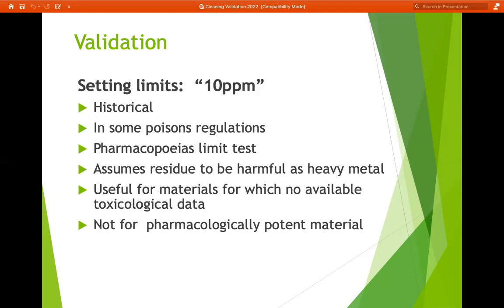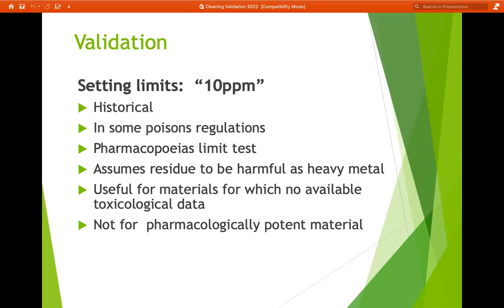Setting limits, 10 ppm: it has a historical background. In some poisons regulations, it has been mentioned that not more than 10 ppm shall be carried over into other products. You can consider the pharmacopoeia's limit test for the same. It assumes the residue to be as harmful as heavy metals. It is useful for materials for which there is no available toxicological data, not for pharmacologically potent materials.